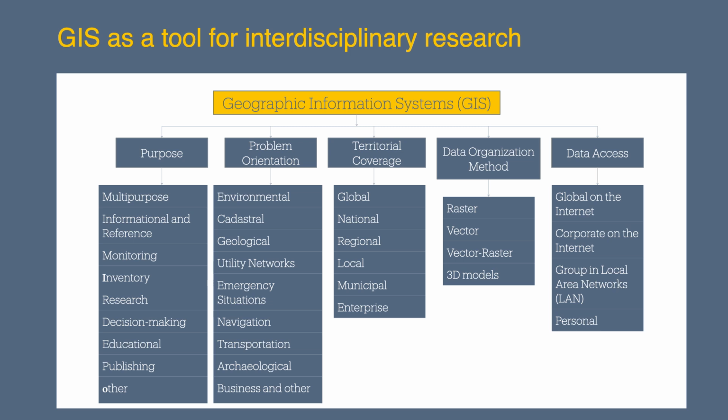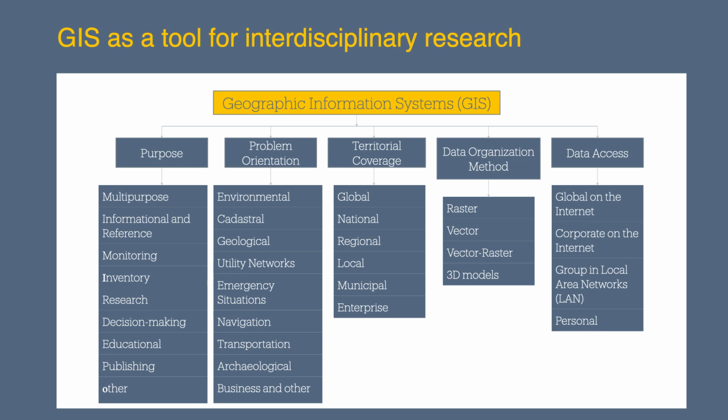This slide shows the classification of GIS based on 5 main criteria: purpose, problem orientation, territorial coverage, data organization method, and data access. GIS can be multi-purpose and specialized, and can be used for informational tasks, monitoring, inventory, research, decision making, as well as for educational and publishing purposes.